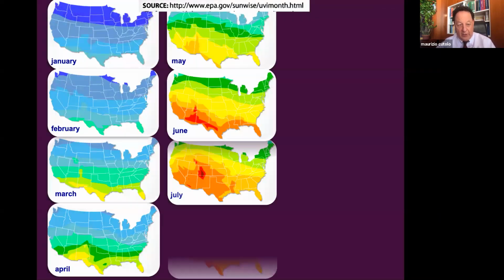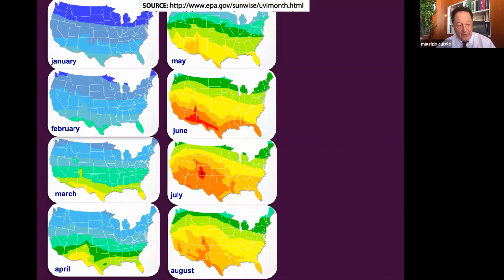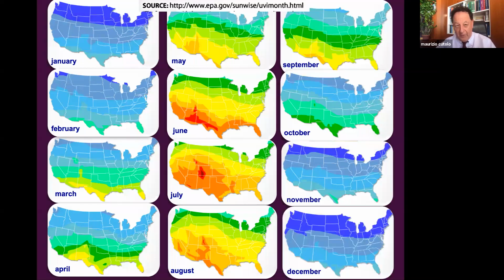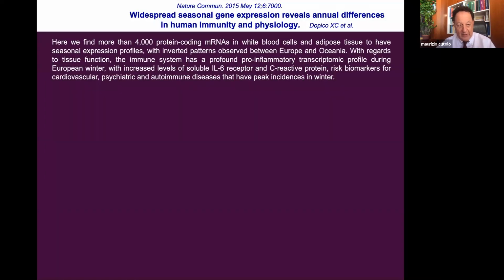And if we look at the United States, for example, from January to December, and you look at the concentration of UV and vitamin D, you observe that in winter, the sun goes down and the vitamin D goes down in the people living in these areas.